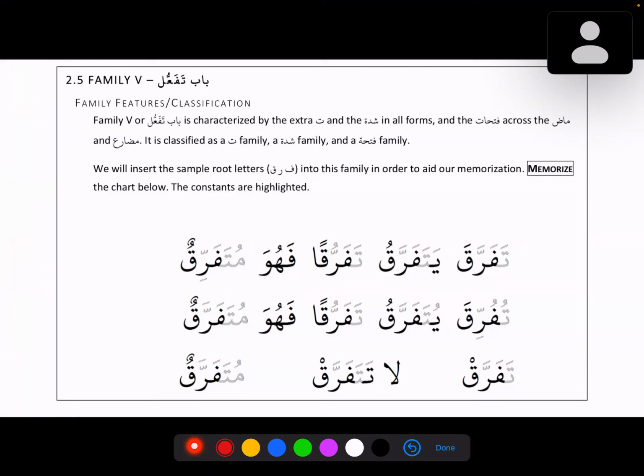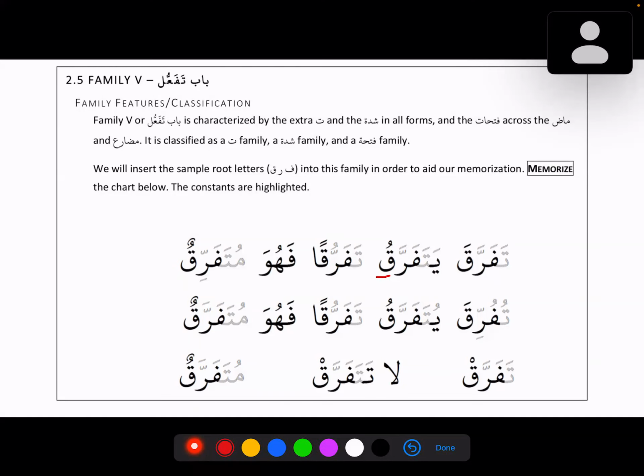Why Fatha family? Because you can see in the template tafarraqa yatafarraqu, right? So basically Madi and Mudariya are all fathas, except we know that at the end Mudariya is going to end on Dhamma. So that is also a marker for family 5.